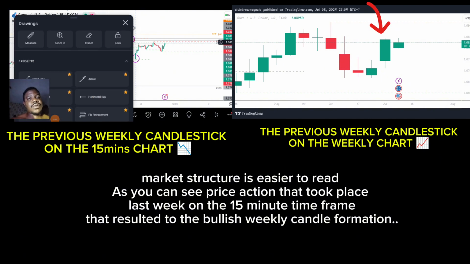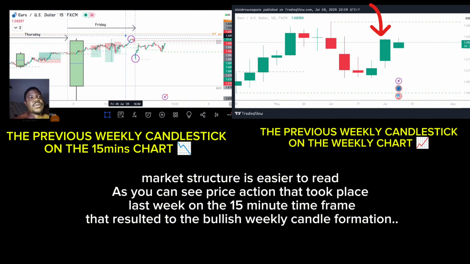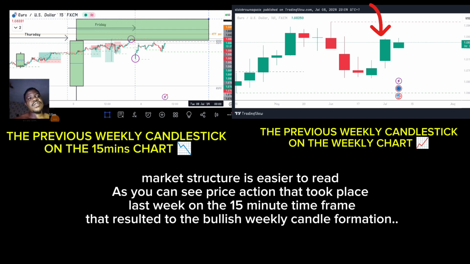Let me draw it. Depends on what price does above this area, then maybe I might be bearish, but if it continues breaking structure to the upside, I'll be bullish this week. So that's how I trade, guys. That's how easy I get my bias and I trade.